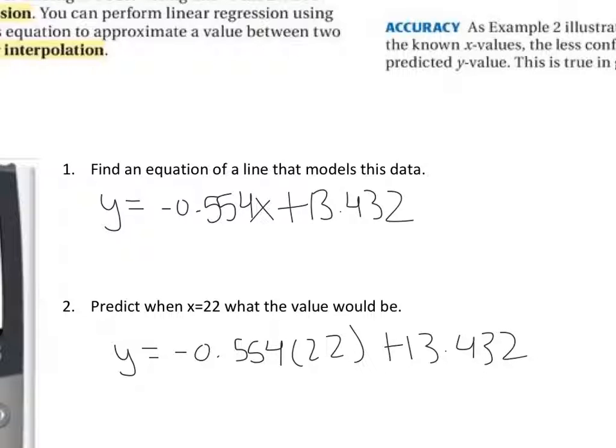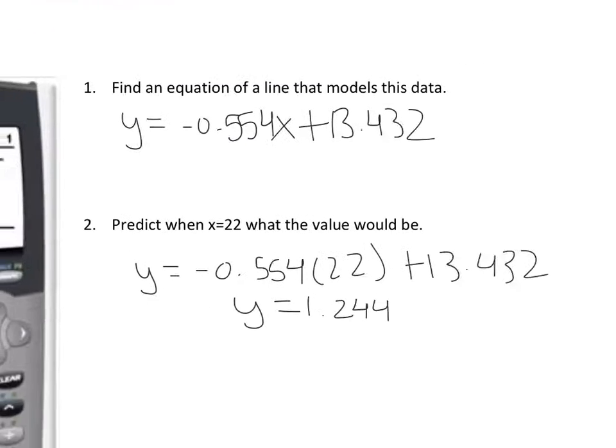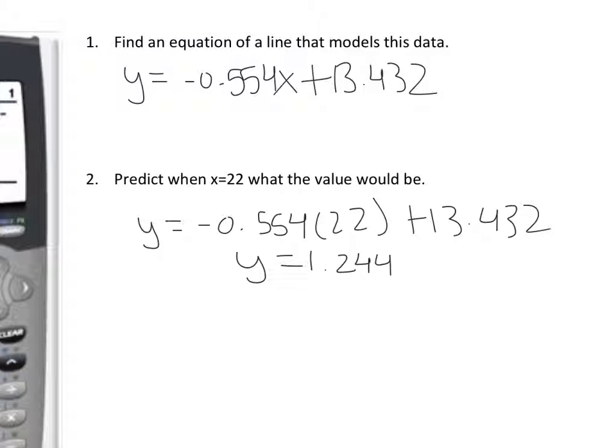If you put that in, you would get y equals 1.244. Okay, so there we go. Now we know on our calculator how we can use this to do the linear regression. Again, if you're not getting it, watch it again. You should know how to do this when you enter the room, okay?